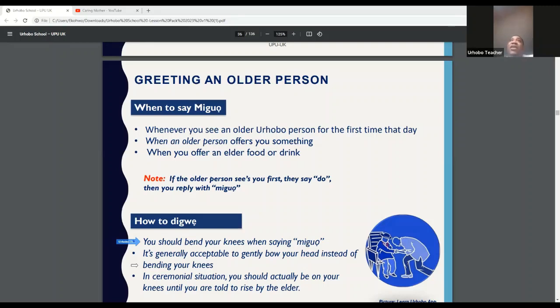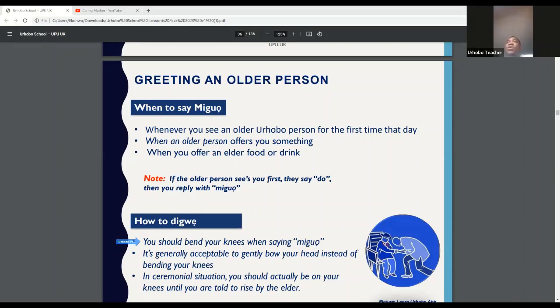But because of the condition you might be in at that moment, it won't be convenient or comfortable to go on your knees every time you see an elderly person. So what you can do is just take a small bow, bend the knees a little bit. If you don't want to bend your knees, you can also just bow your head a little bit and say Mingwo.